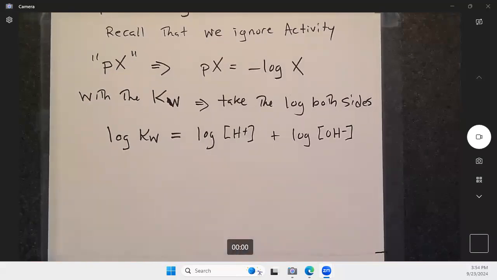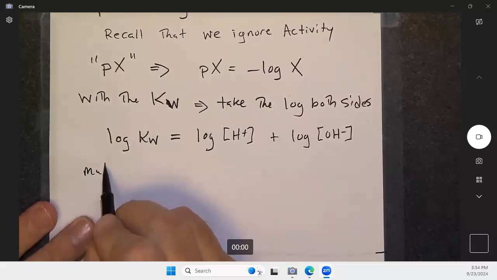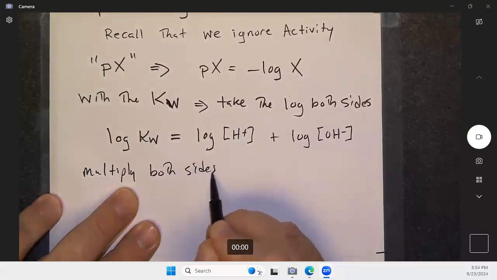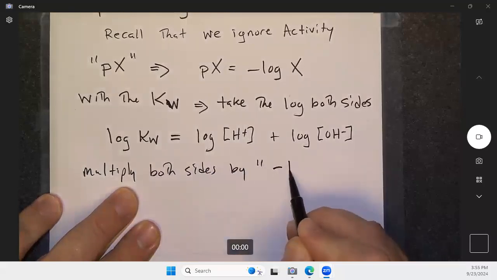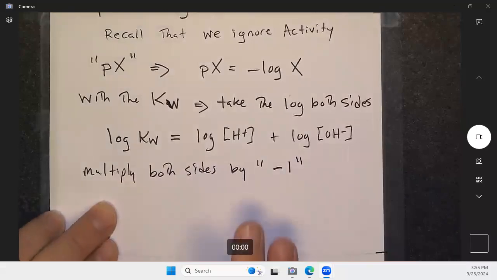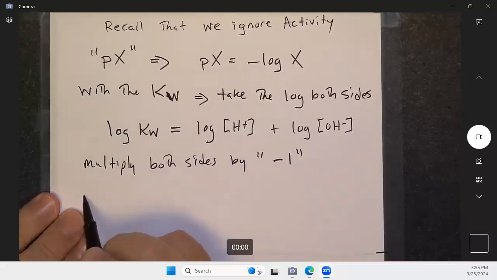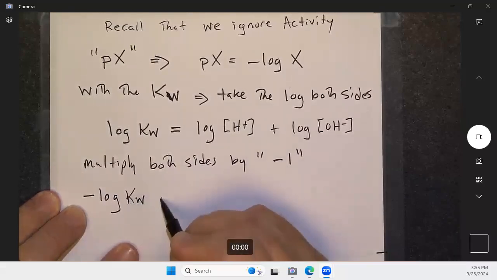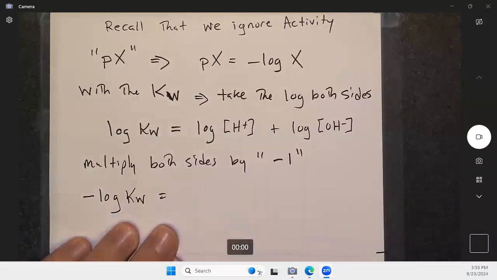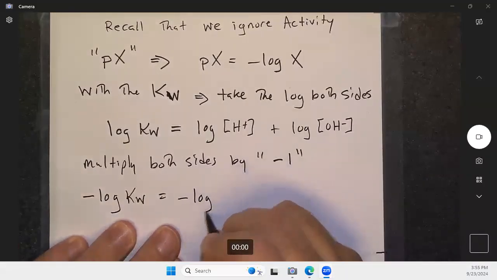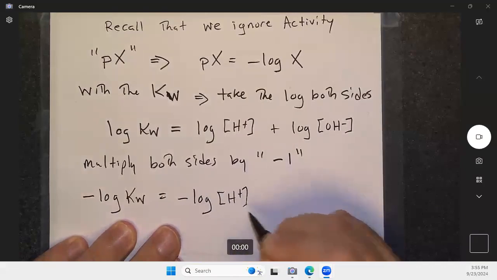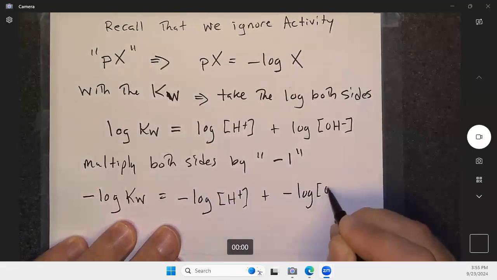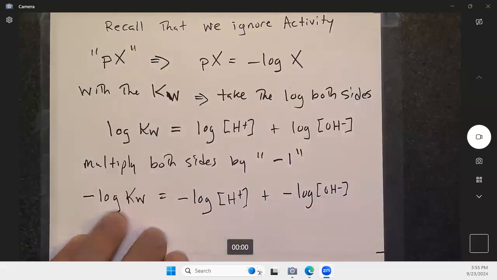And then if we multiply both sides by negative 1, then we get negative log of Kw is equal to the negative log of H plus plus the negative log of OH minus.